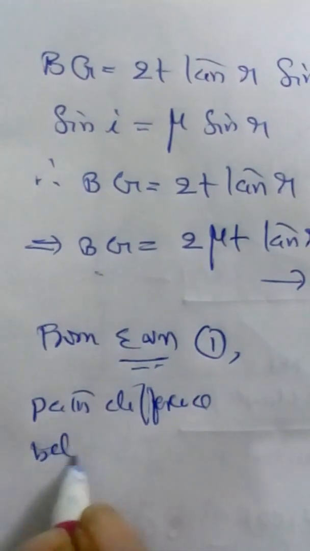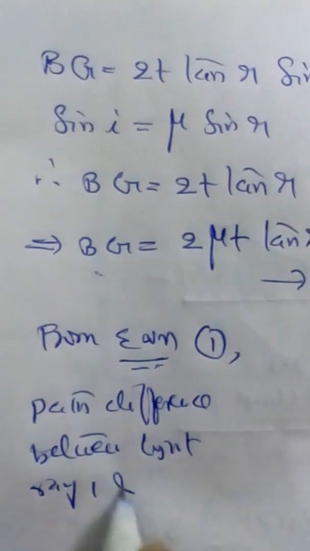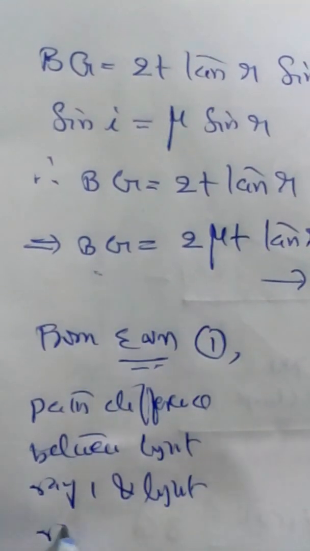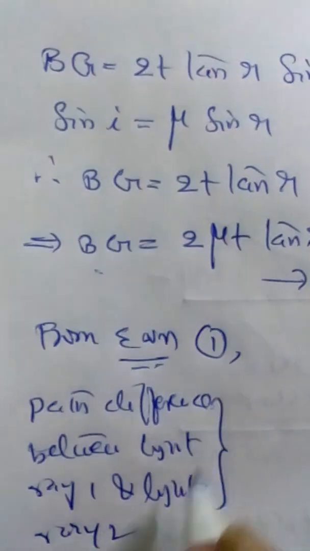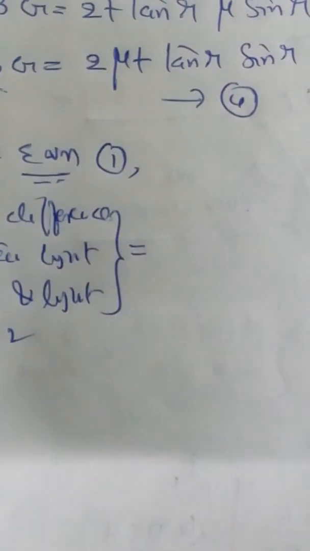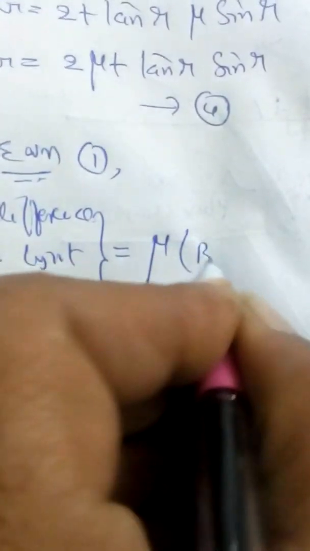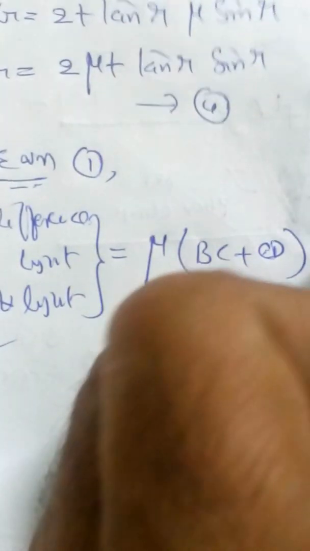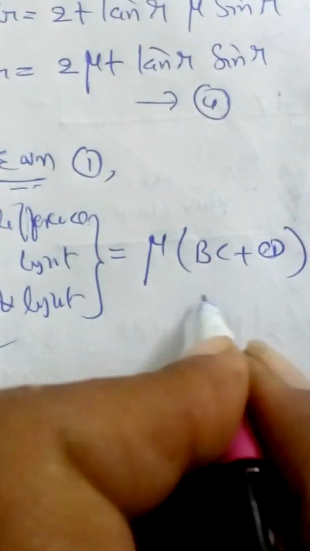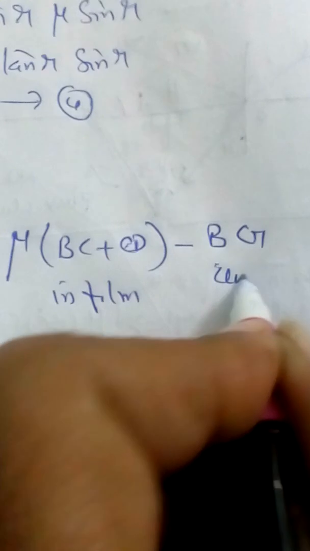Path difference between light ray 1 and light ray 2 is equal to mu into BC plus CD minus BG. This is in film, this is in air. This is the equation we got.